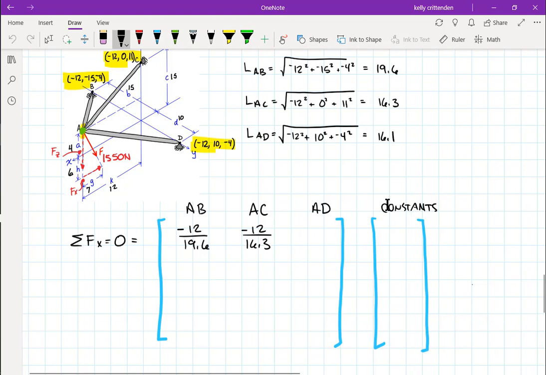And then AD would be the same thing, -12 over 16.1. You can see those numbers are right here: 19.6, -12 and 16.3, -12 and 16.1. And I've created this, oh, and the constants, the Fx is this little guy down here.